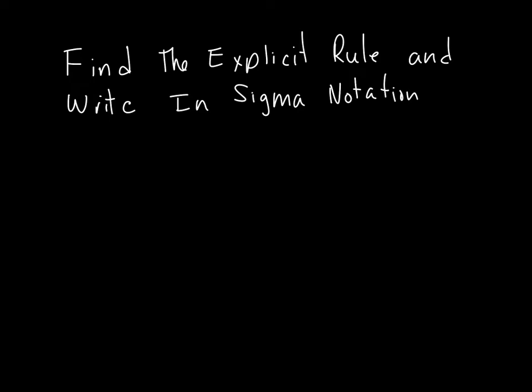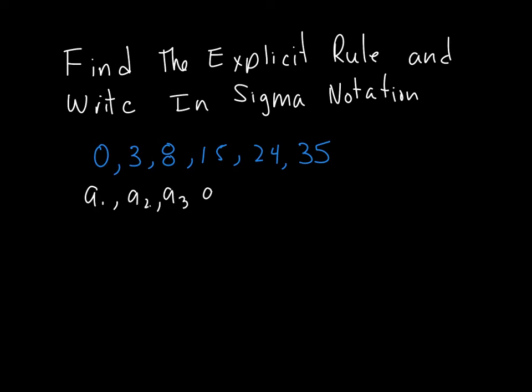So if I give us the series 0, 3, 8, 15, 24, and 35, then those values are a1, a2, a3, a4, a5, and a6. So I know I can start with my sigma notation. I know I'm going from k is equal to 1 to n.